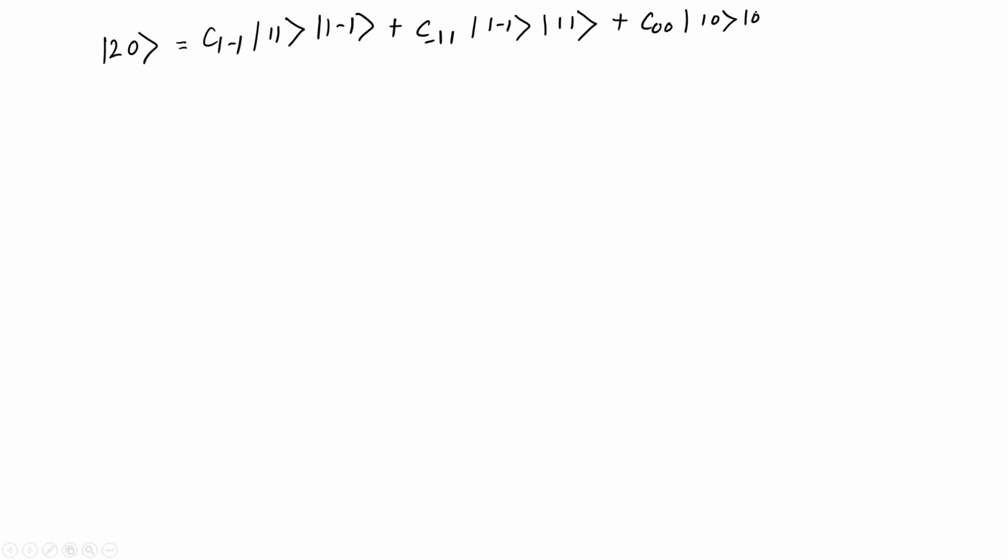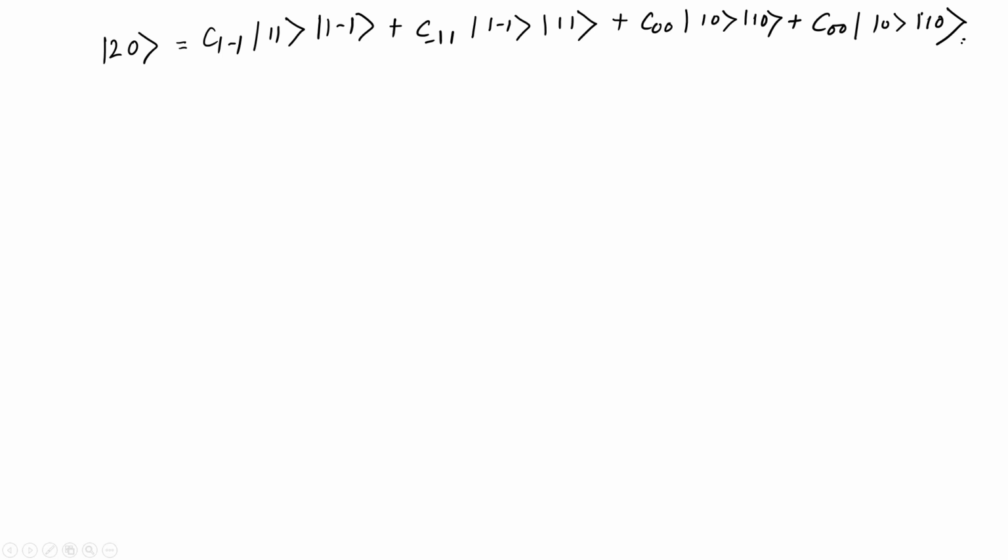So, we have this |2 0⟩, that is J m equal to 2 0, that will be equal to C_{1,-1} |1 1⟩|1 -1⟩ plus C_{-1,1} |1 -1⟩|1 1⟩ plus C_{0 0} |1 0⟩|1 0⟩, plus again a C_{0 0} which will be equal to |1 0⟩|1 0⟩.